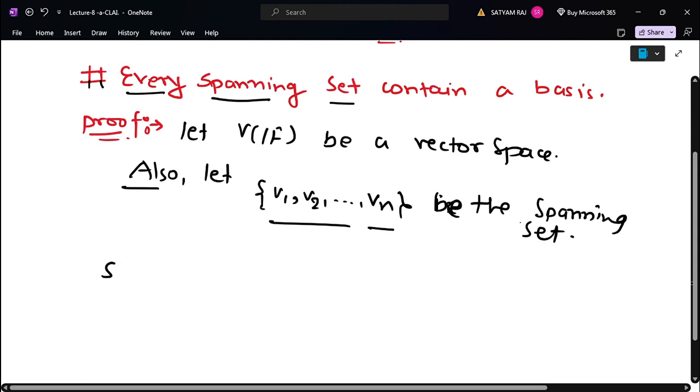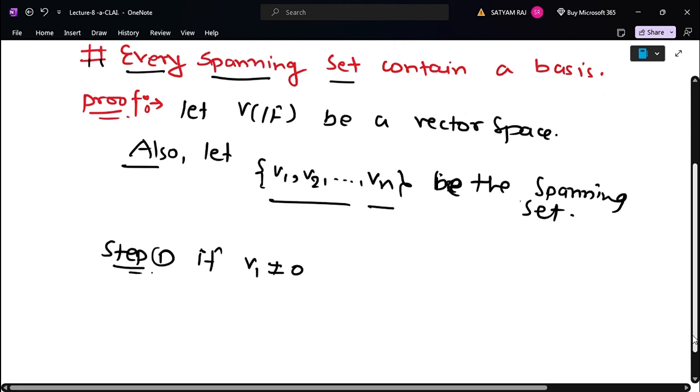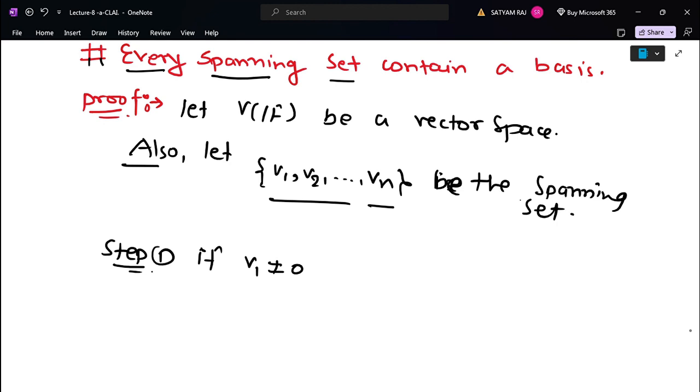So the first step: if v1 is 0, okay, we are trying to make a subset. It means we have an empty set at first.